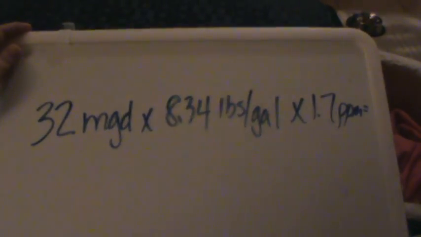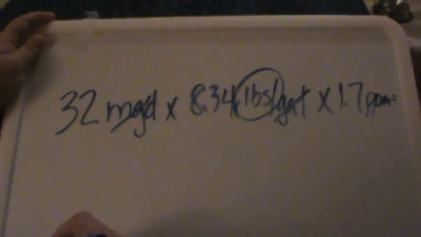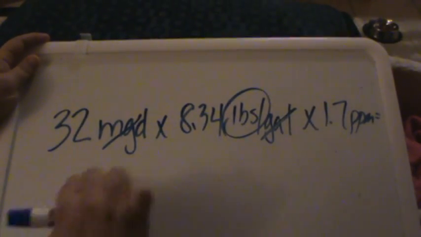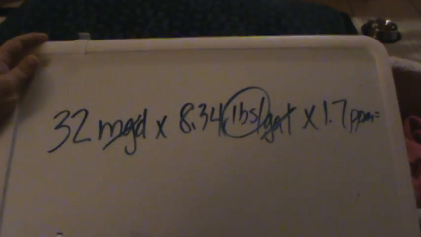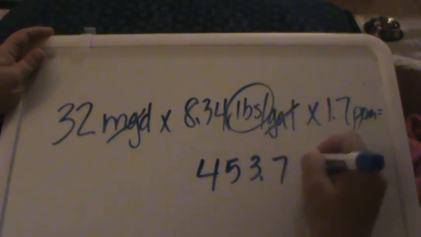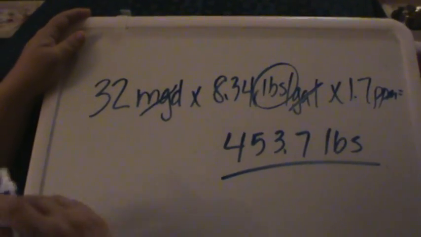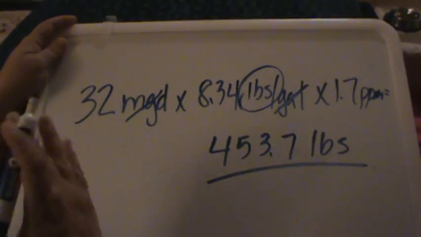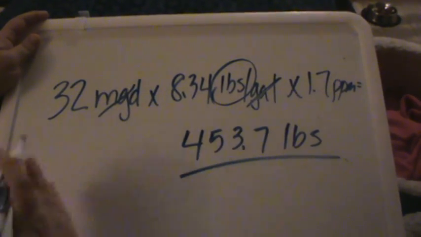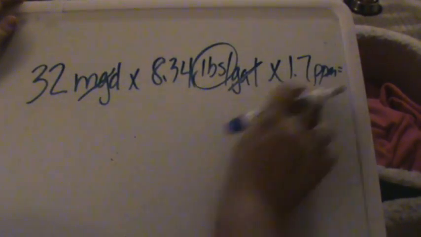Okay, so again, our gallons cancel, leaving us with pounds, and if we do the math, multiply across 32 times 8.34 times 1.7, it's 453.7 pounds. Final answer. And again, it's a formula that you have to remember: million gallons times 8.34 pounds per gallon times the parts per million. Pretty straightforward. Okay, let's go on to question number 3.